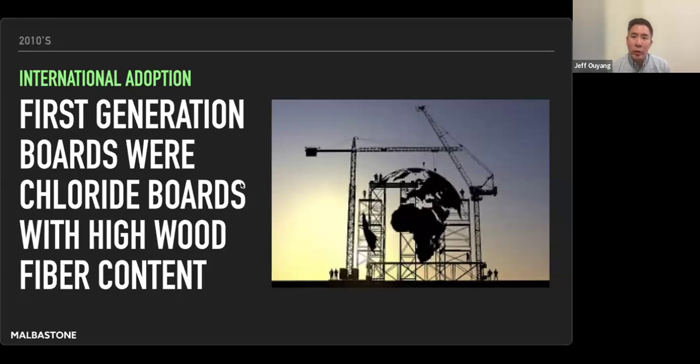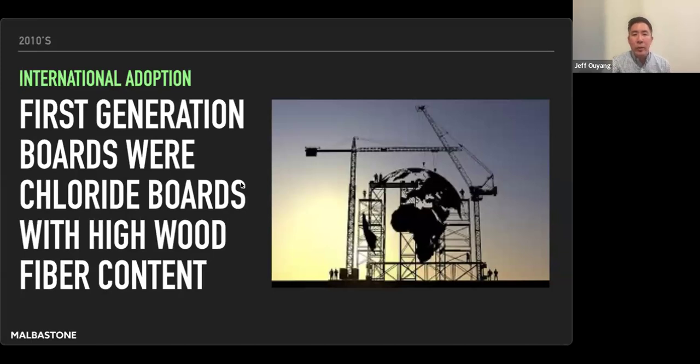So there are some moisture issues that you can read about on Google. But if you look at the composition of those panels, there's a very high wood fiber content, and there is also a component of magnesium chloride, which could cause some corrosion issues. On the other hand, there are also tons of magnesium chloride boards that are still in use today in interior applications that have no issues.